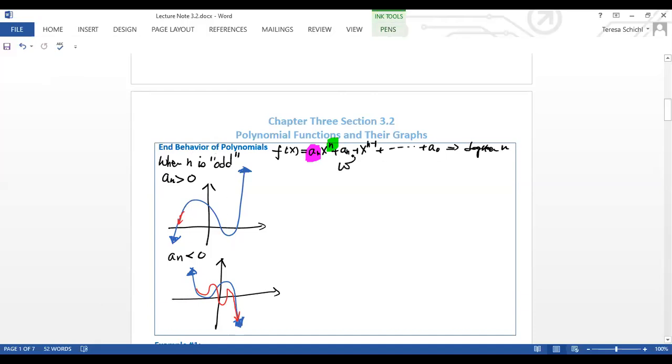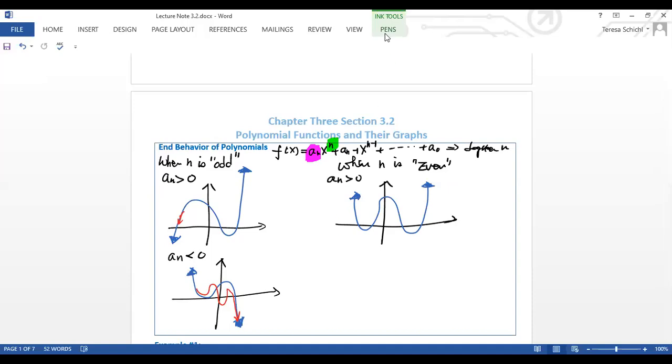Then when n is an even degree, if a_n is greater than 0, when you graph it, both legs are going to go up.